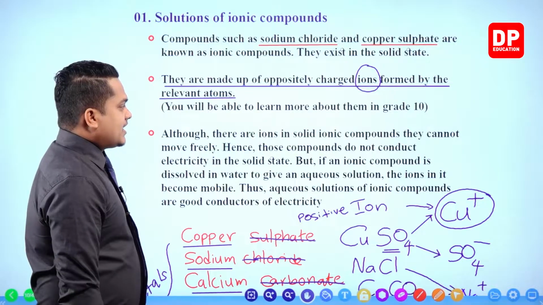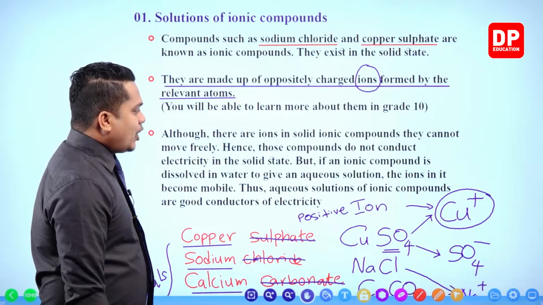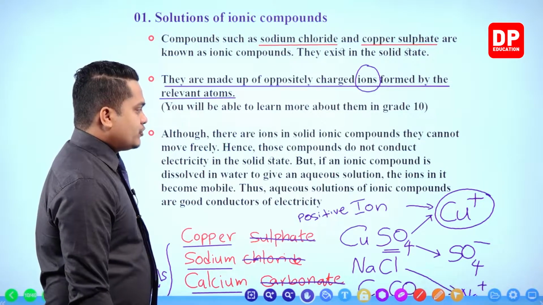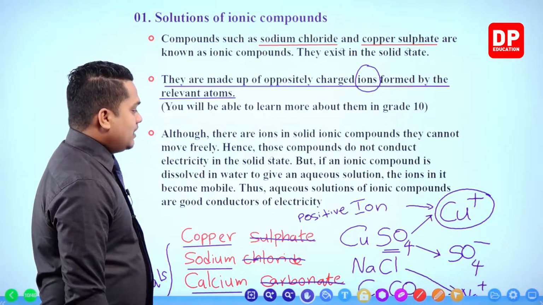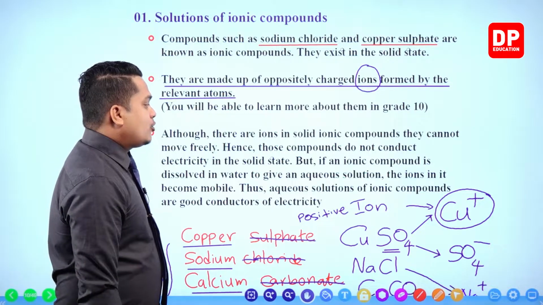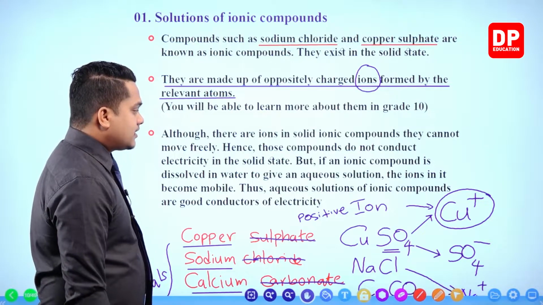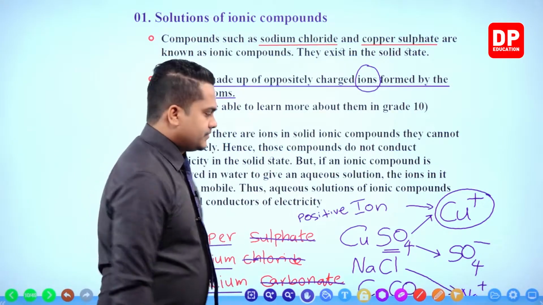But if an ionic compound is dissolved in water to give an aqueous solution, the ions in it become mobile. Thus, aqueous solutions of ionic compounds are good conductors of electricity. Now what happens?